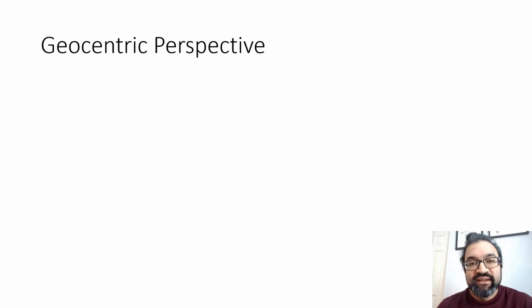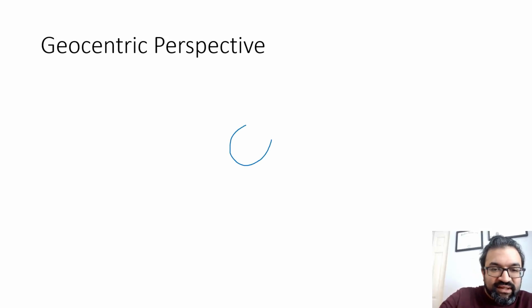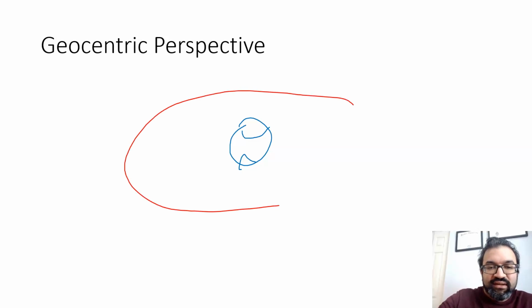If we take this model and understand Rahu and Ketu, or North Node and South Node, from this perspective, this is how it would look. For starters, the Sun would not be at the center. So we would draw a revolution of the sun around the Earth.